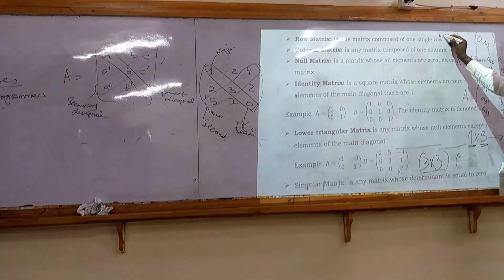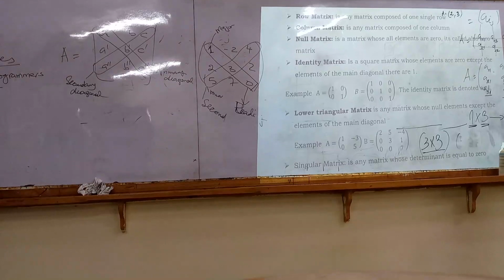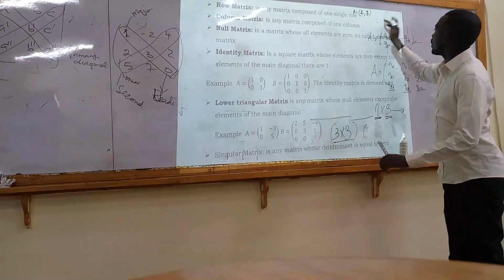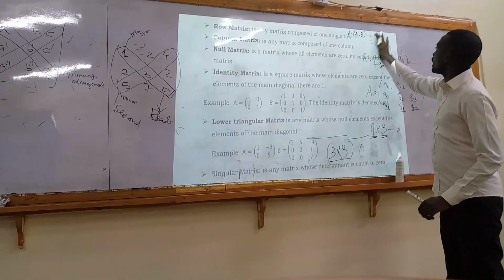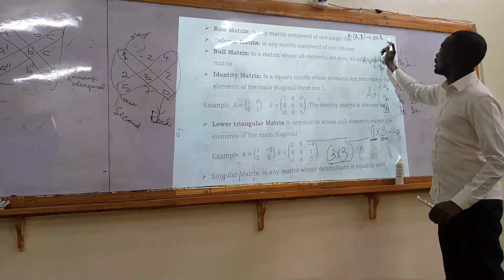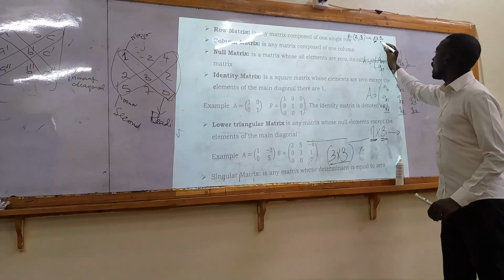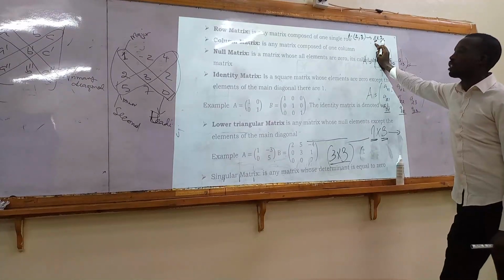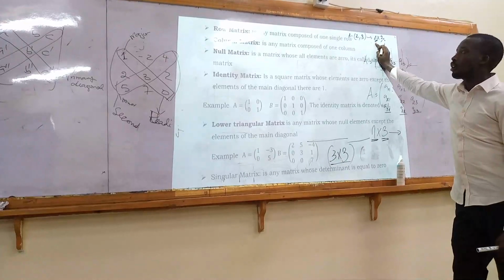This matrix A is the one we call a row matrix. If you want to denote it, this matrix A is 1 by 2. 1 by 2 means that it has one row and 2 columns. This matrix which has one row and 2 columns is called a row matrix.